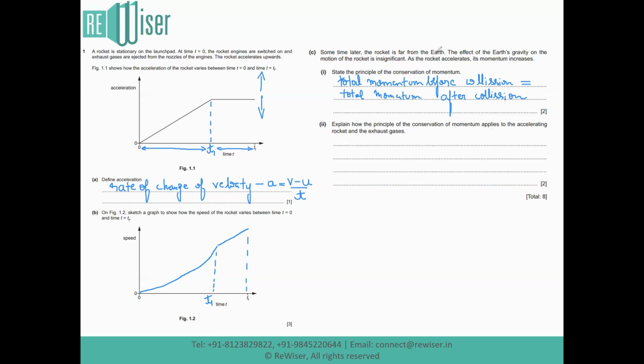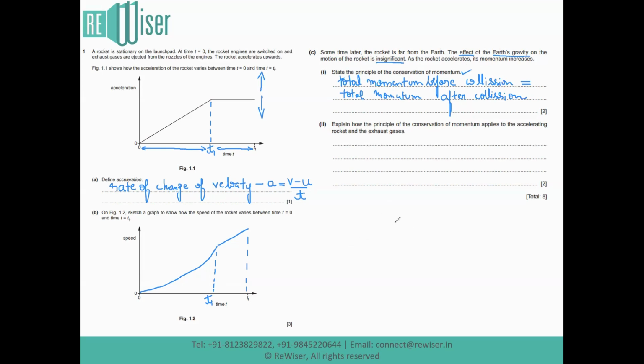We understand that there is no external force acting because of this statement which says the effect of Earth's gravity on the motion of the rocket is insignificant. This is an indication that there are no external forces interfering with our system of bodies, which further strengthens the conservation of momentum. Moving on to part 2, explain how the principle of conservation of momentum applies to the accelerating rocket and the exhaust gases.